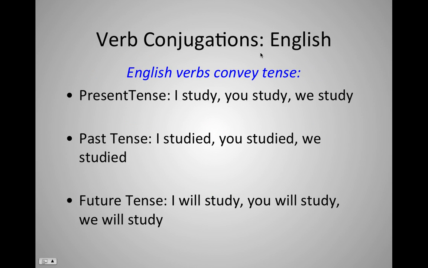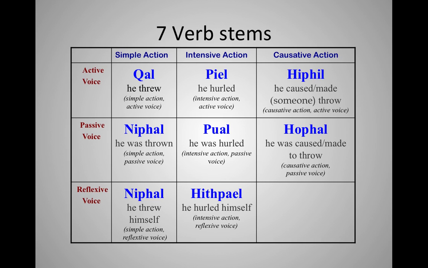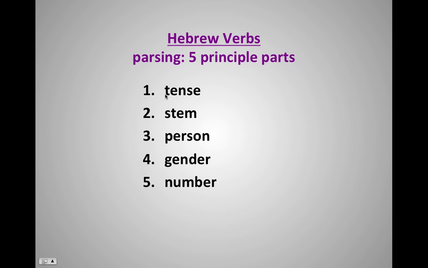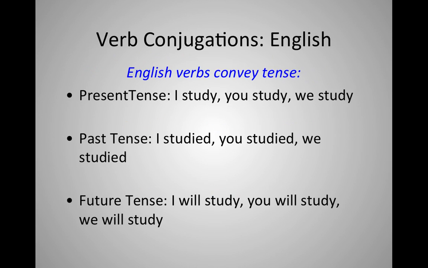Next, we'll talk about the conjugations. Essentially what we mean by that are the tense. So next we'll be talking about tense, and we'll also be using conjugation interchangeably with tense in this next little overview. In English, we also talk about verb conjugations, and in saying that, English verbs essentially convey tense.